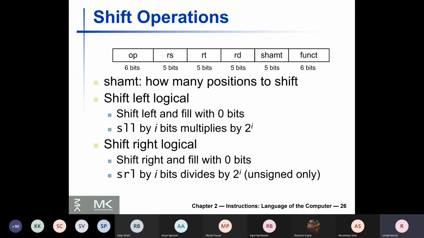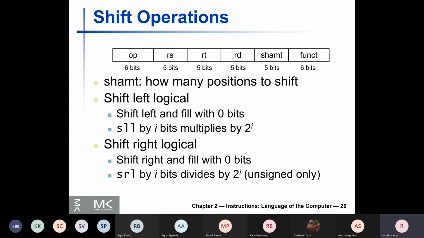If you need at any point of time in your code to divide or multiply by powers of 2, please use the shift operations in place of the multiplication or division operations, because the multiplication or division operations are very cumbersome. They are difficult to implement in circuits, as you will study later in the course. We will study them in detail, and you will find that it is quite painful actually to implement them.